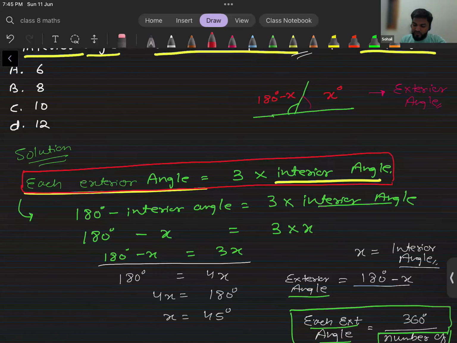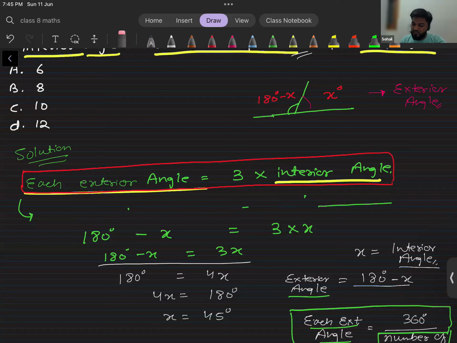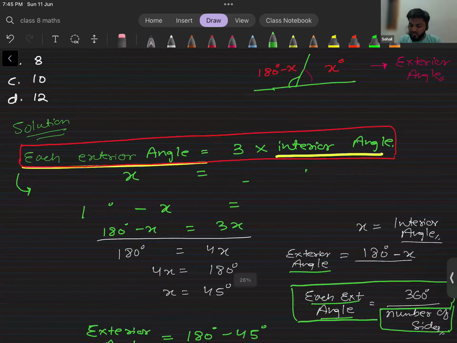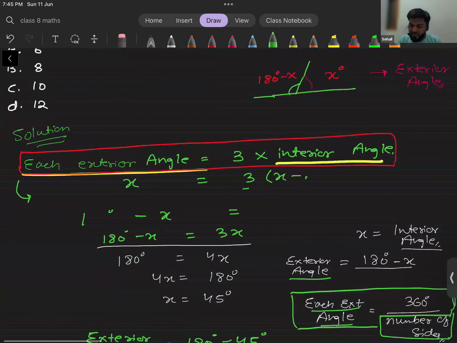Right. So here it is going to be like this. Sir, the equation is going to be like 3x multiplied by 180 minus x. 3 multiplied by x, minus 3 multiplied by 180 minus x.